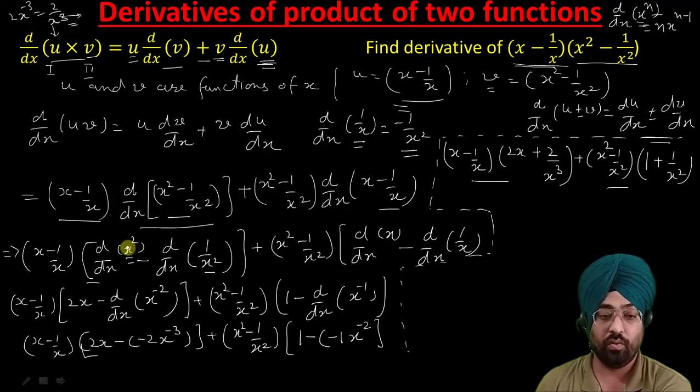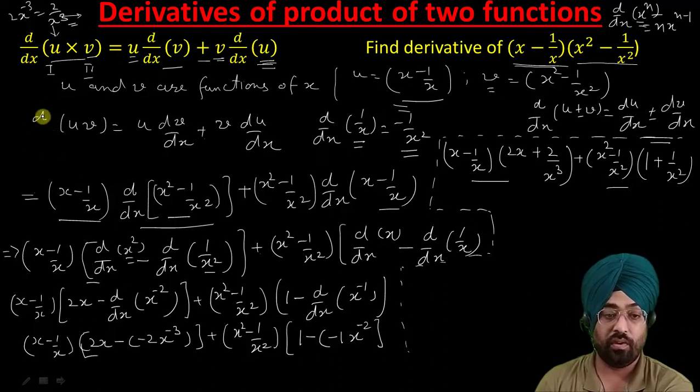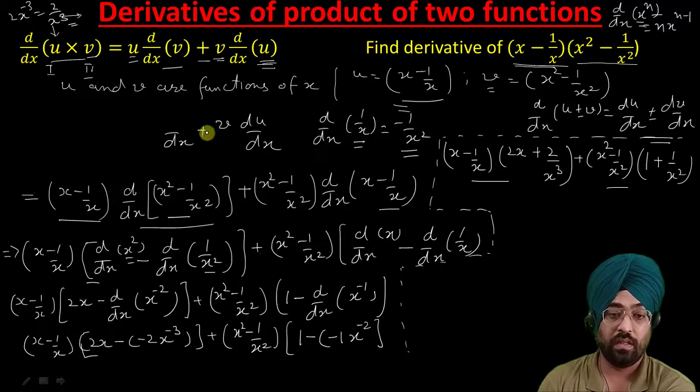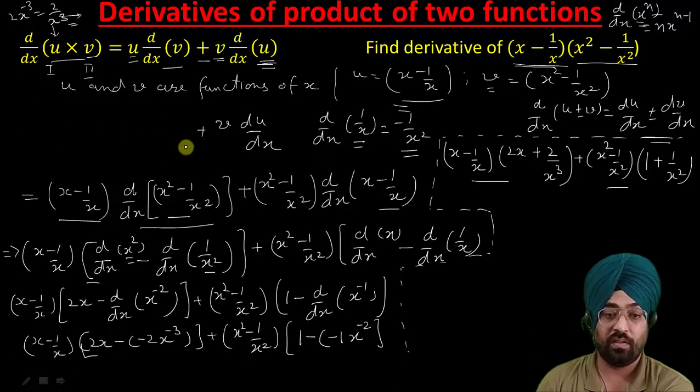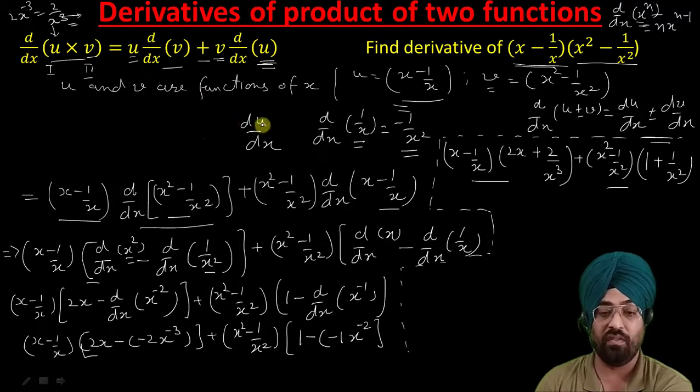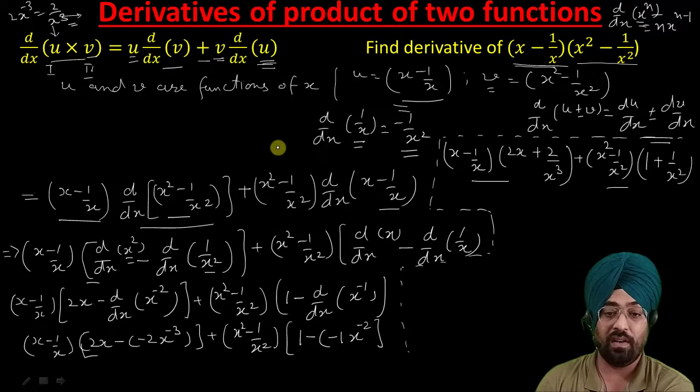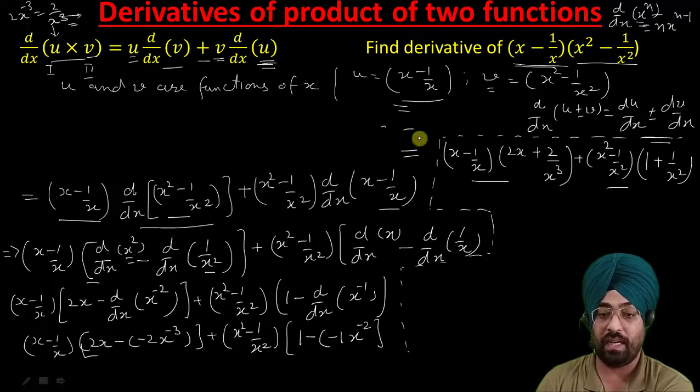So what I will do, I will erase from here so that we can use this space to solve this further. If you don't solve it further, it is also correct, because until now the derivative part is okay. Now we just have to simplify it, so let us try to open these brackets.